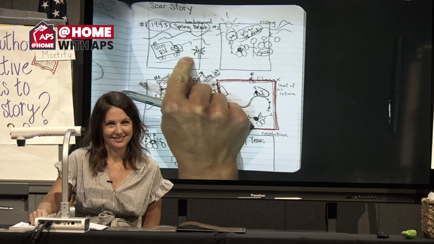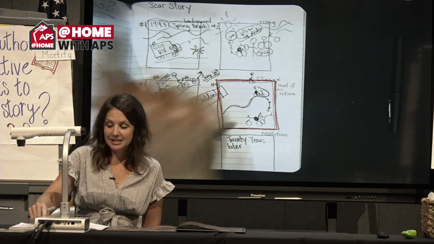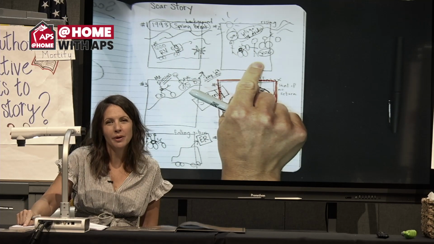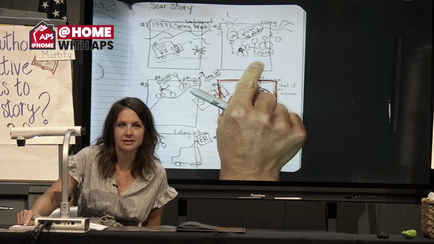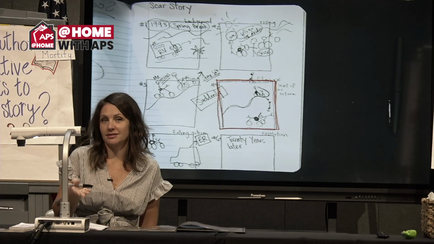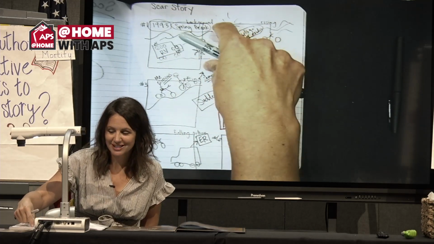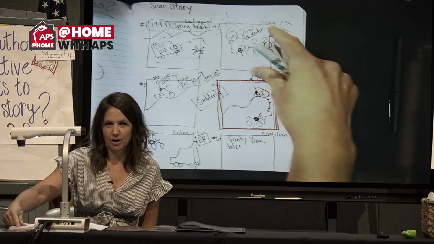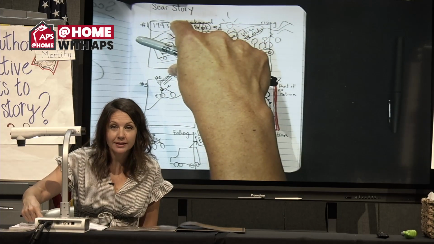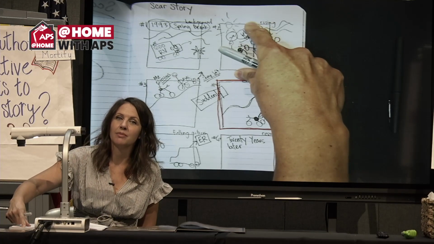Between scene 1, kind of like in a movie, between scene 1 and scene 2, how much time had passed? I hope you took a chance to draw out your Scar story. From scene 1 to scene 2, my question is, how much time had passed?